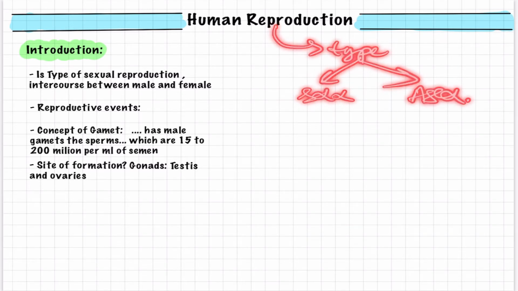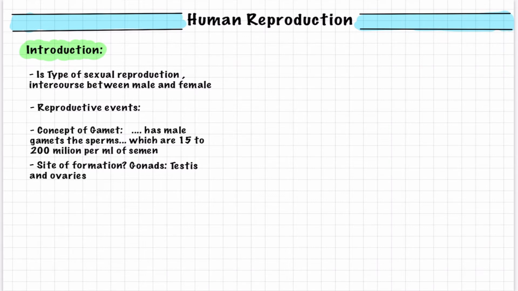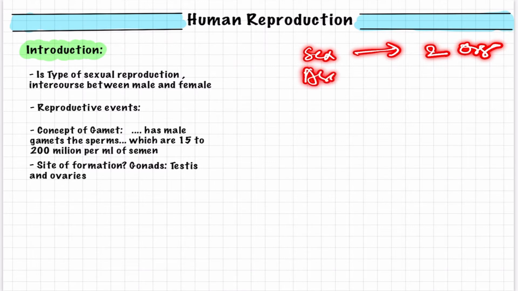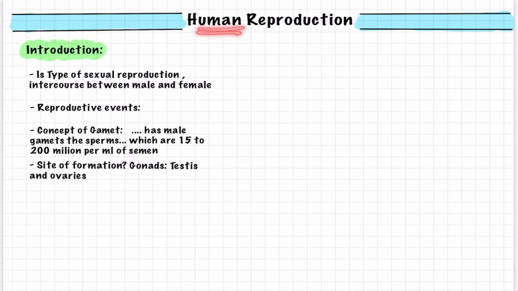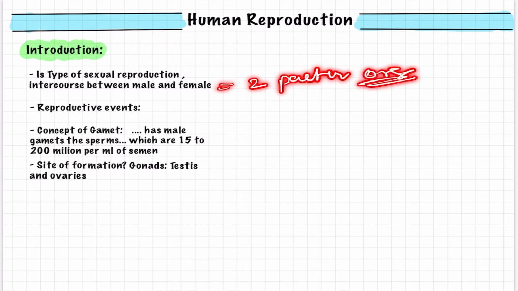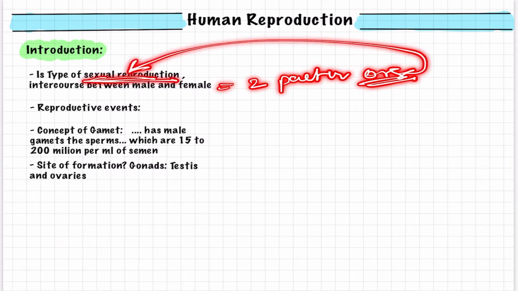The answer can be understood by knowing that we call it sexual when two organisms take part, and asexual when only one organism participates. In human reproduction, intercourse is a very important stage in which the male transports its male gametes, the sperms, into the female vagina. This means there is participation of two organisms. That is the reason why we name it sexual reproduction.